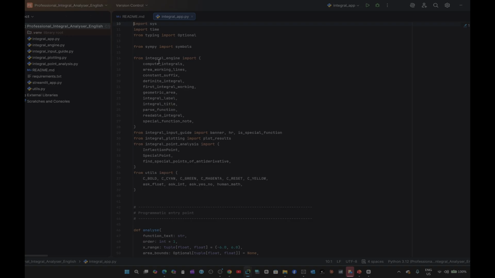So they import integral engine. You see the integral engine here? Make sure the name is correct, right? From integral engine, you import all the functions in there. From input guide, you import. From integral plotting, you import. From integral point analysis, you import all the functions in there so they can be used. From utility, you import all these forms and so on. That's the structure.